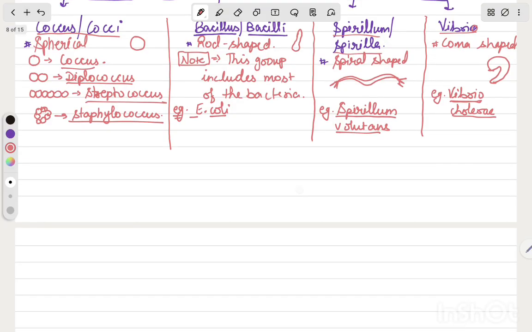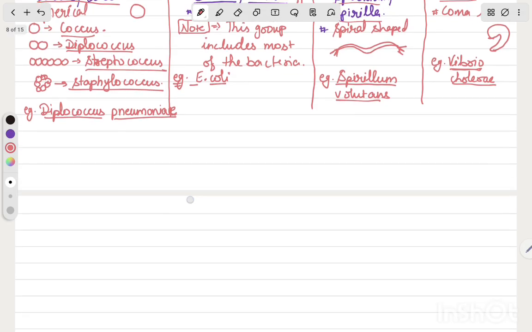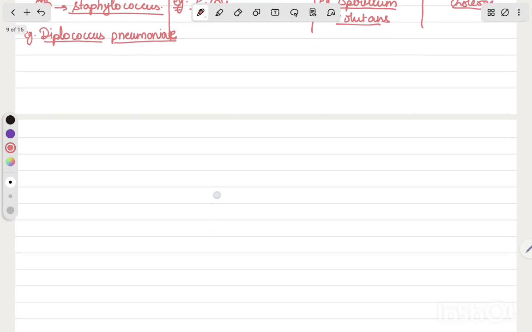So these are examples of cocci. You can write Diplococcus pneumonia. Right? So these are examples of bacteria.